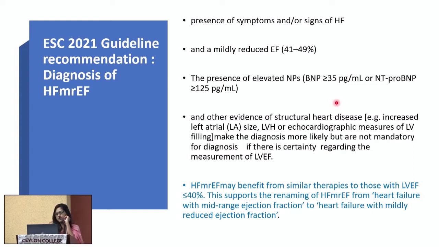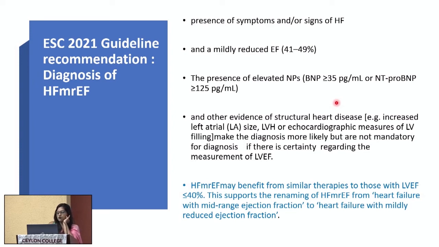And what is the most important part of recognizing this as a major category? That is because heart failure with mildly reduced ejection fraction may benefit from similar therapies to those with low left ventricular ejection fraction.